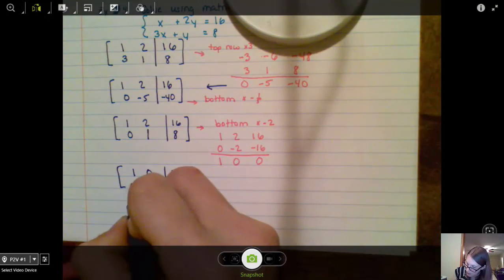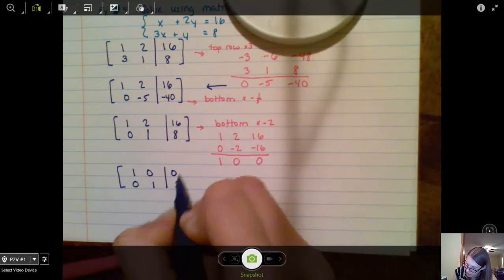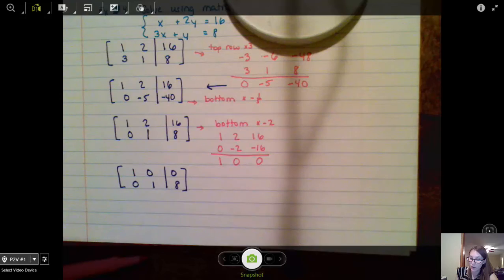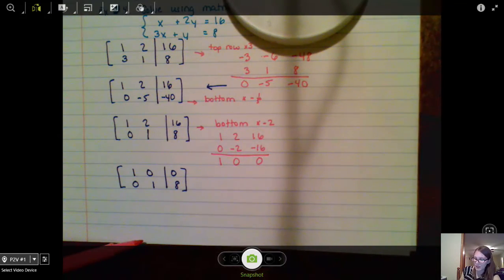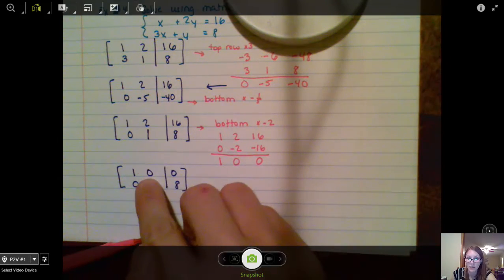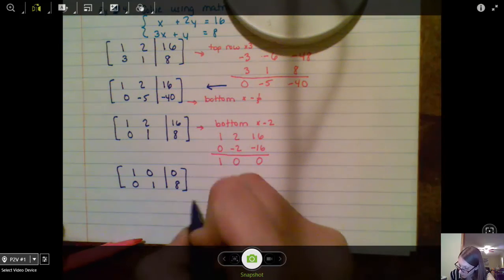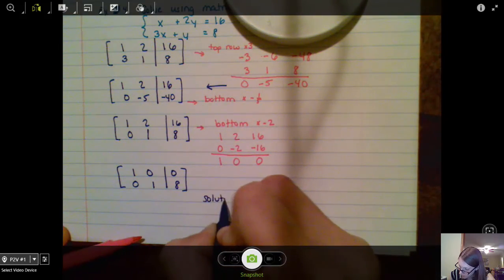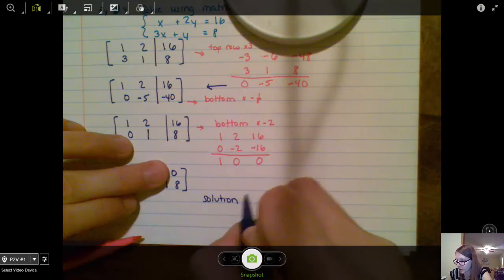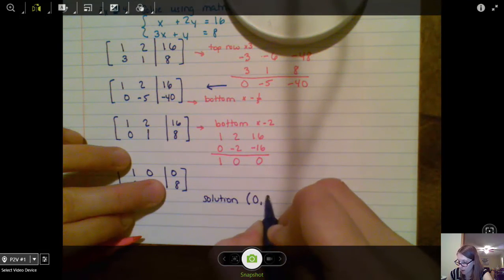And then our bottom row was 0, 1, 8. All right, so after that long and kind of confusing process, we are in row reduced echelon form. We have our ones diagonally, our zeros everywhere else. Far right column tells us our solution, which is 0, comma, 8.